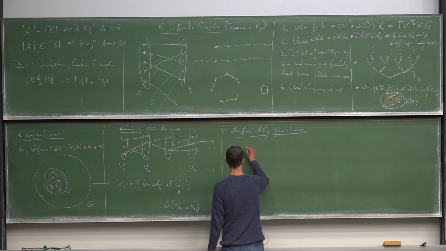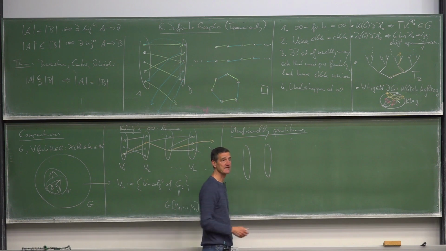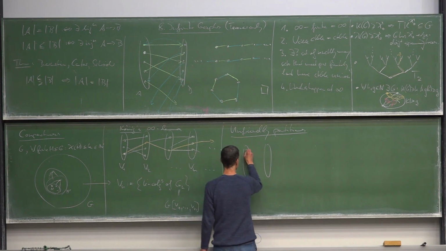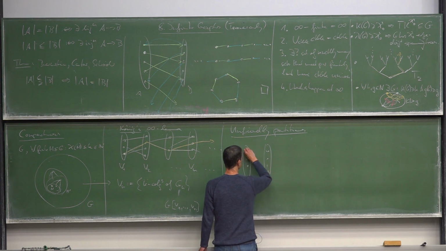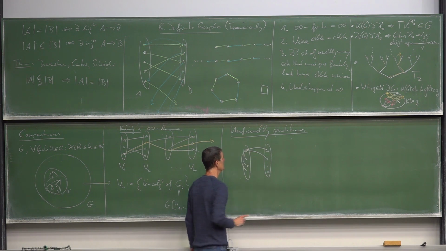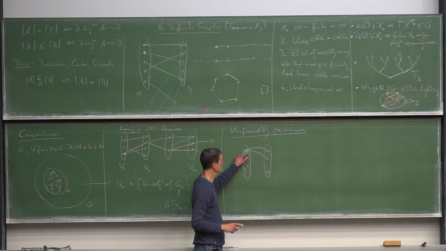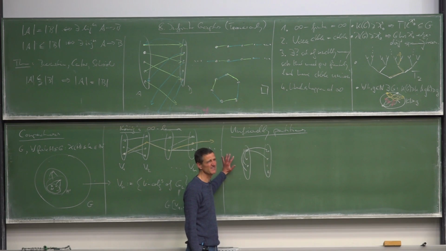So what does it mean? A partition of the vertex set of a graph is called unfriendly if a vertex has at least as many neighbors in the opposite class as in its own class. I'll tell you why it's called unfriendly.